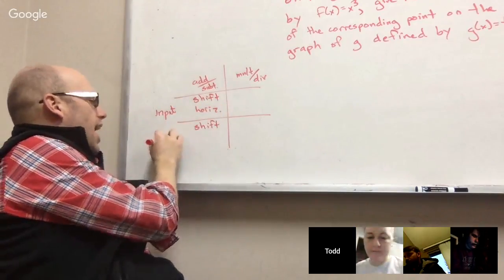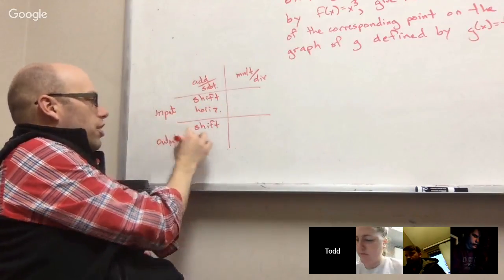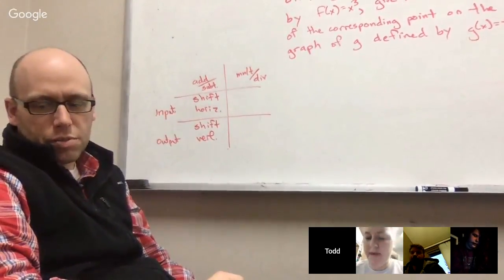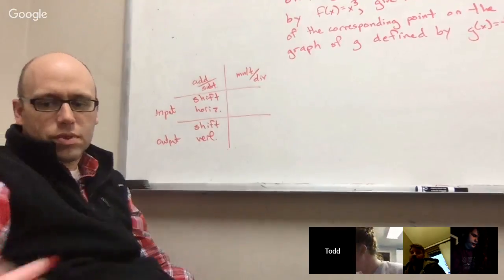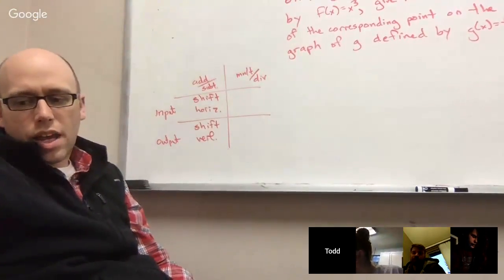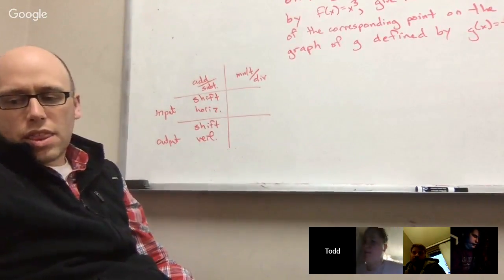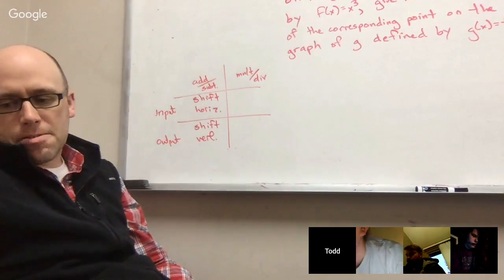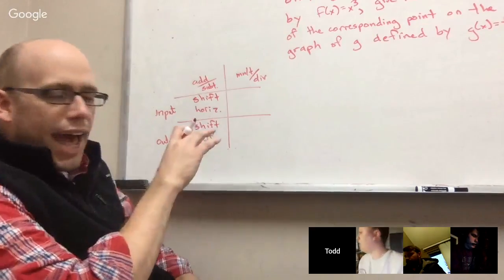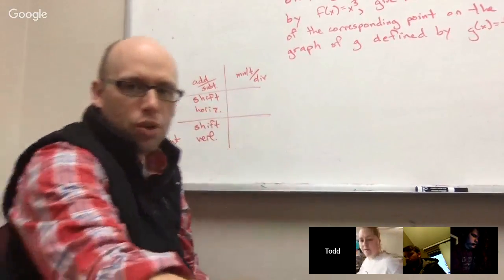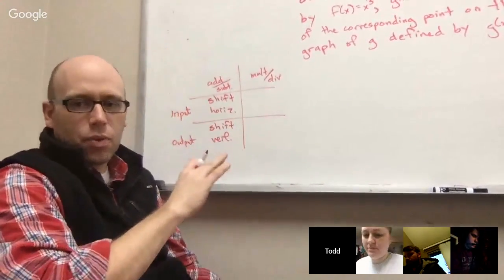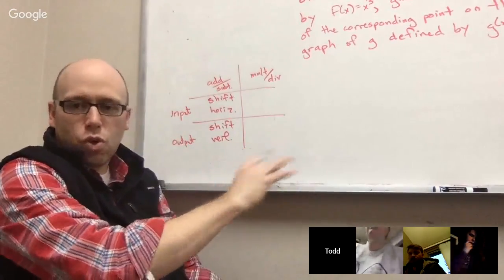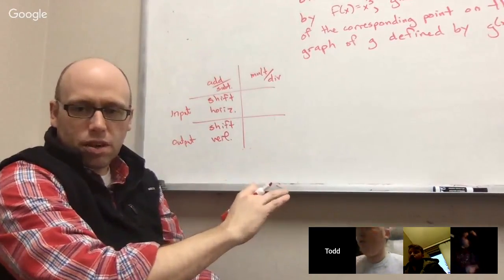If I add to the output, it's going to shift vertically. Seem reasonable? Okay. Now, one thing that's a little bit interesting here is that when I added something to the input, it shifted left, and when I subtracted something, it shifted right. So it sort of did the reverse of what I would expect, right?